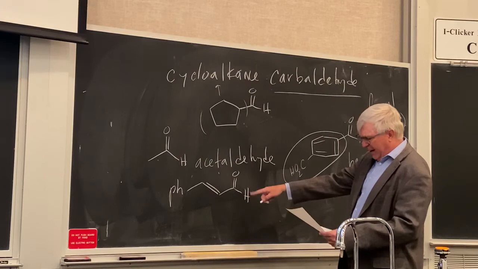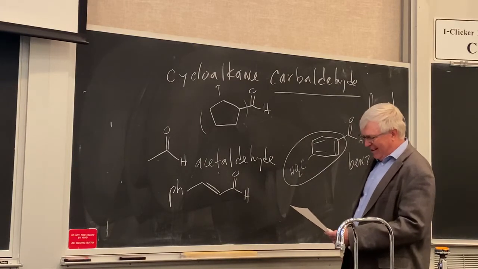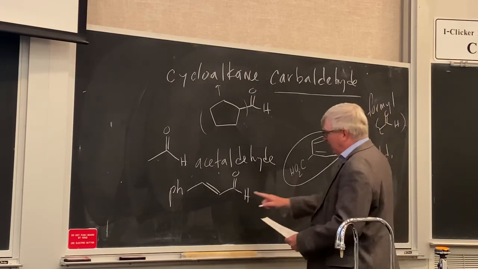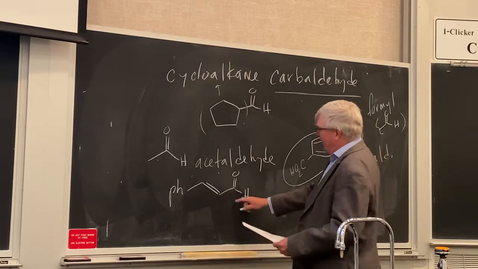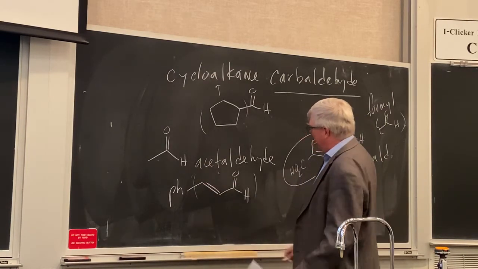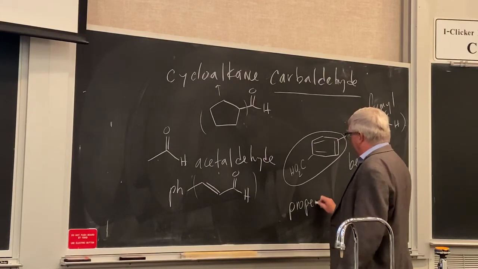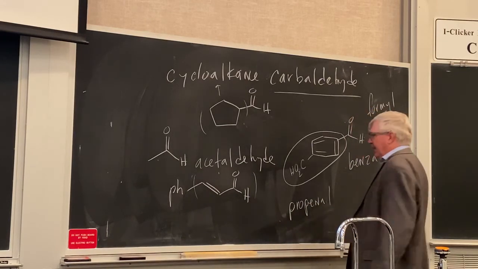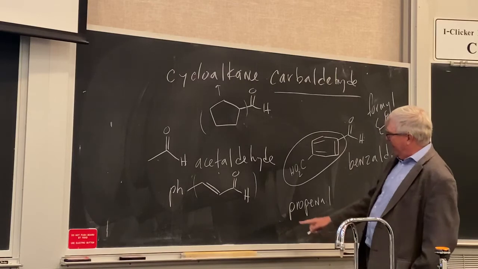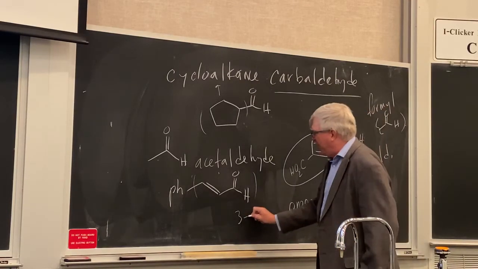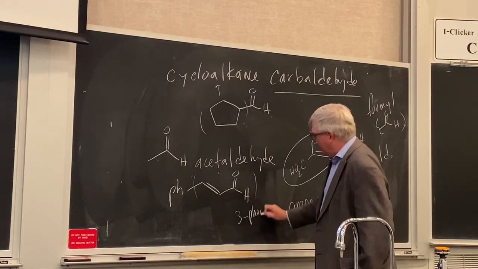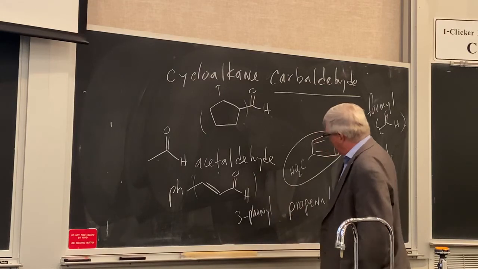But cinnamaldehyde. I'm not even going to draw out the whole thing. Let's see. We could name this a different way, though. What would be the parent here? This would be propanal, right? And at the 3 position, we have, what, a phenyl? Okay.